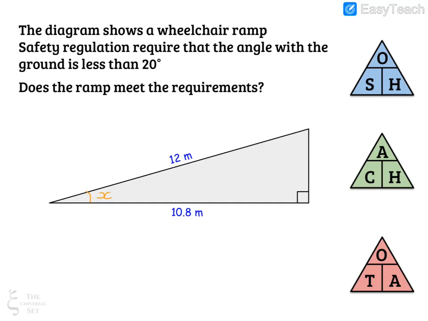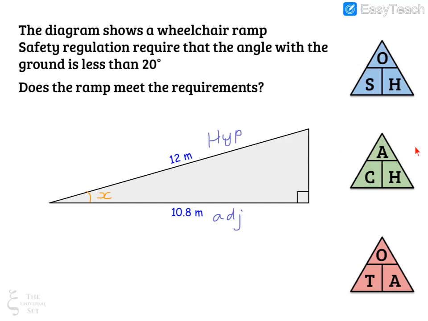Let's think about what sides we've got here then. Well, this one is next to my angle. That's got to be the adjacent, ADJ for adjacent. This one, that looks like it might be the longest one to me. It's also opposite the right angle, so yeah, that's got to be the hypotenuse. So we've got a hypotenuse and we've got an adjacent, which is useful then.